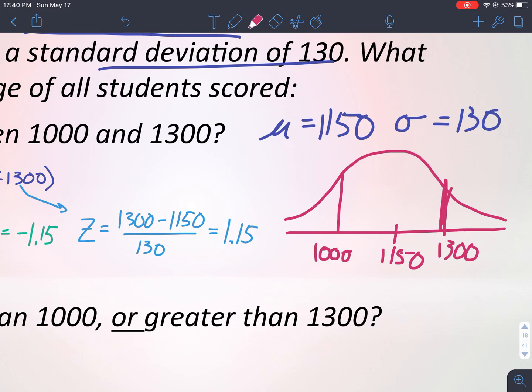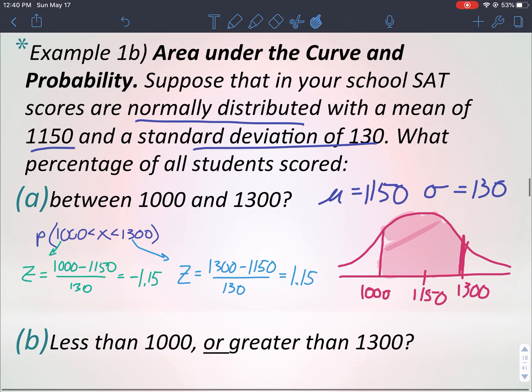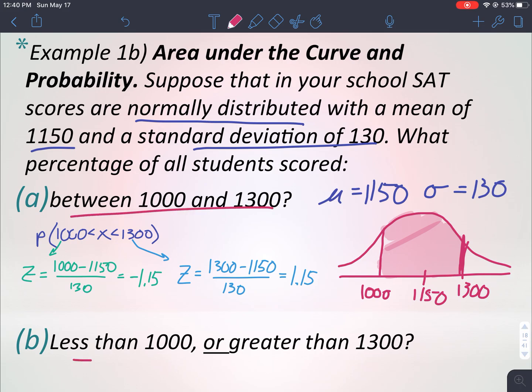We are trying to find this shaded area. At this point, I would like you to pause the video. You can try either the z-table or the graphing calculator and see if you can solve part A as well as part B.